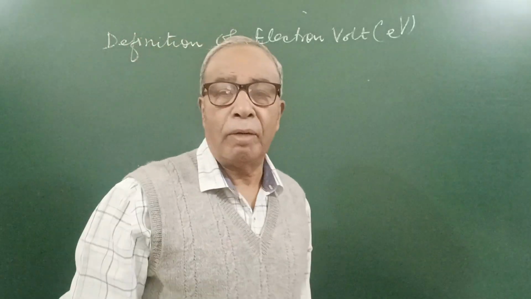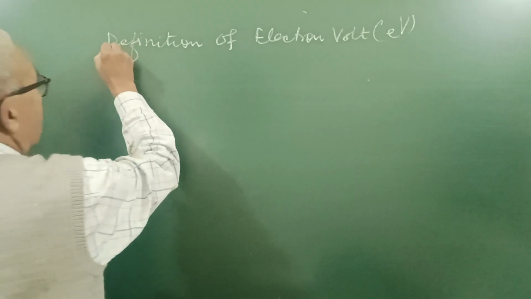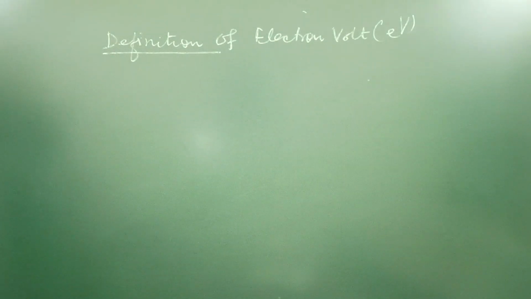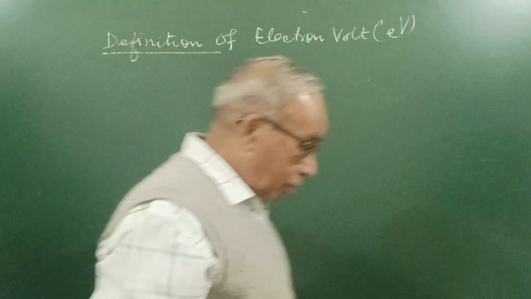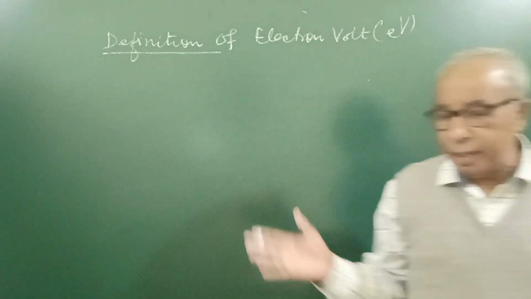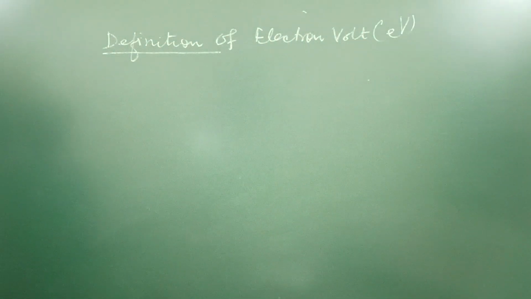Well, dear students, I come here to another topic that is electron volt. Though we have learnt too much about electron volt, again I am revising because it will be used very frequently in studying the nucleus.